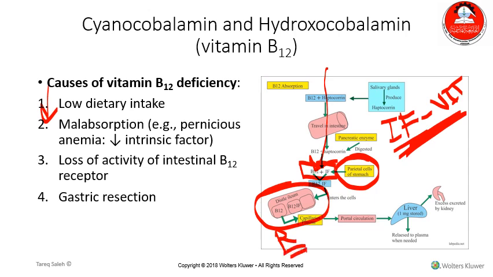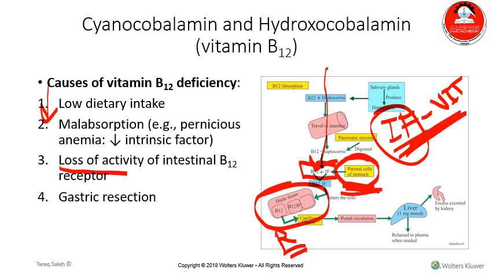So patients with disorders such as pernicious anemia, which refers to an autoimmune disorder that involves the destruction of the parietal cells of the stomach, will have lowered levels of the intrinsic factor. This means there won't be enough intrinsic factor to bind to vitamin B12, and that will definitely result in the reduced absorption of vitamin B12 from the small intestine.